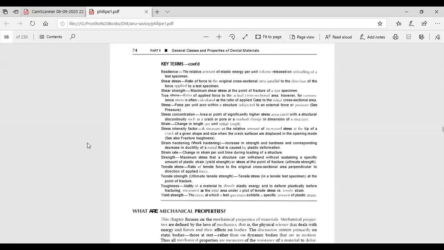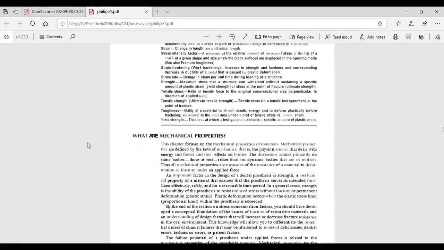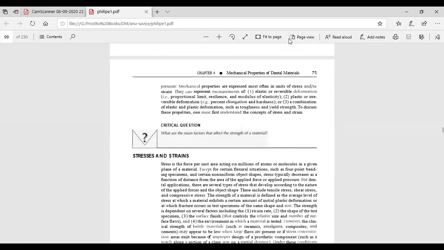Diametral tensile strength. Spring back in terms of yield strength and elasticity. One second.